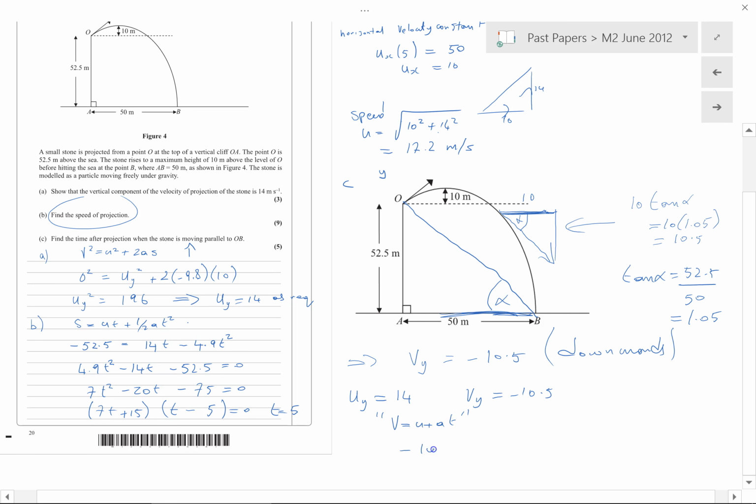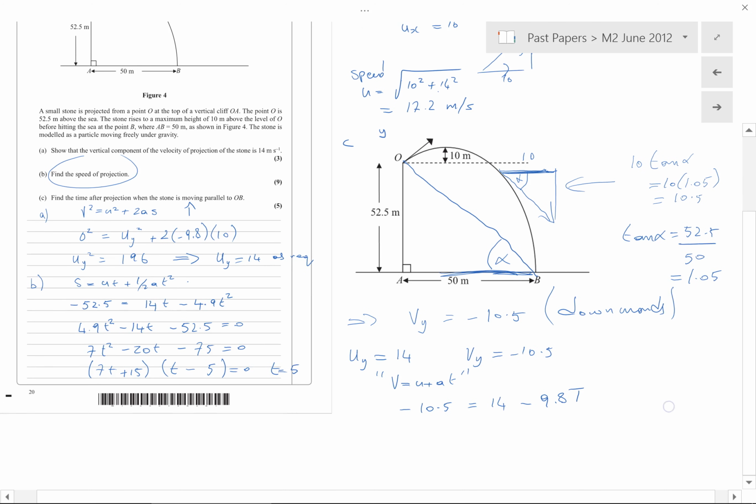We get minus 10.5 is equal to 14 minus 9.8T, calling it capital T. So 9.8T is 14 plus 10.5, so that's 24.5.